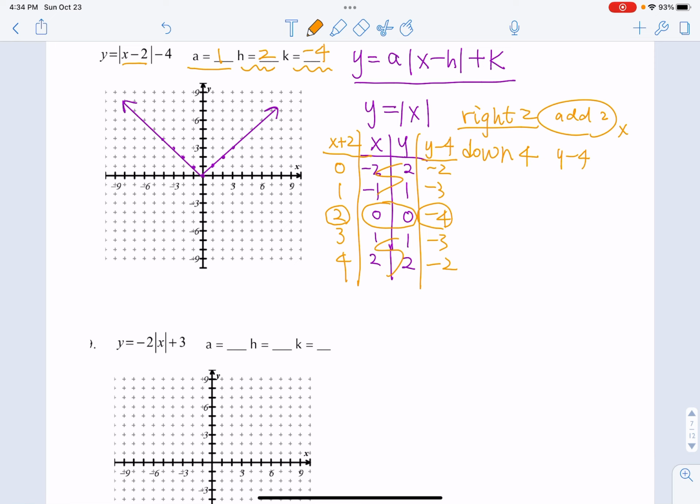So start from 2, -4 here to the right side, and then the left side, like that. And then the next one.